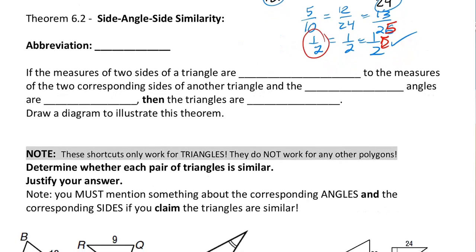Theorem 6.2 is our last shortcut to show triangles are similar. We have side, angle, side, which we abbreviate SAS similarity.